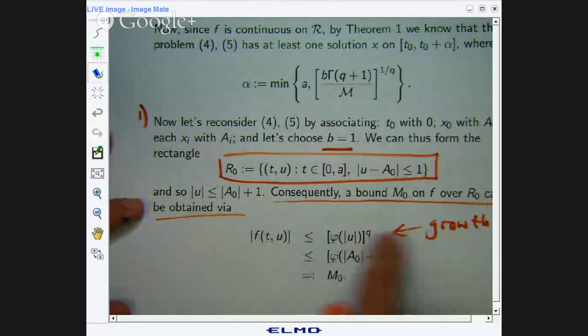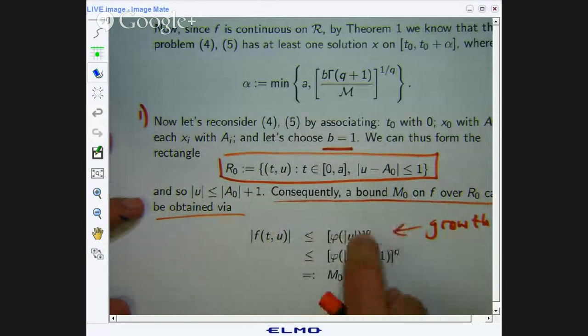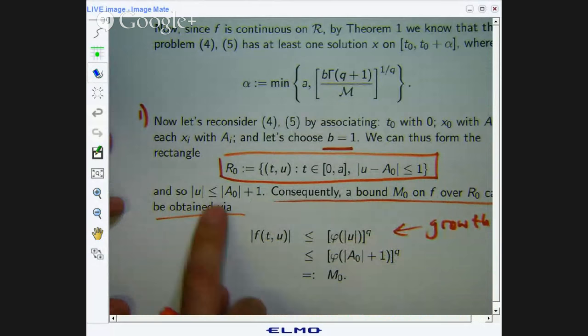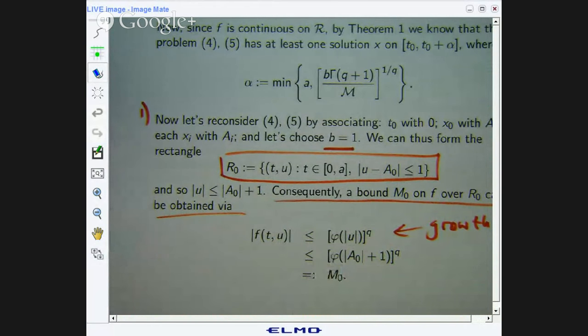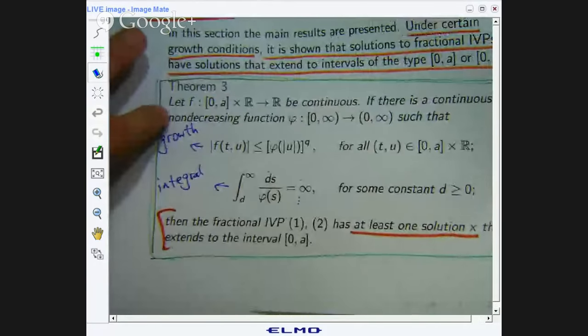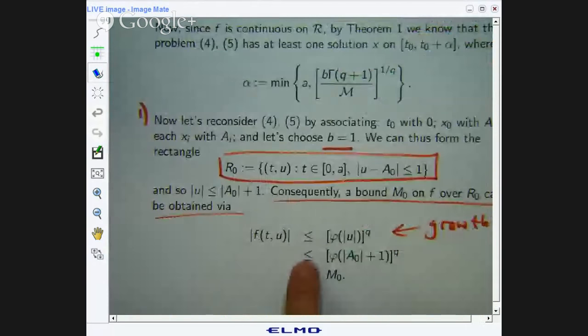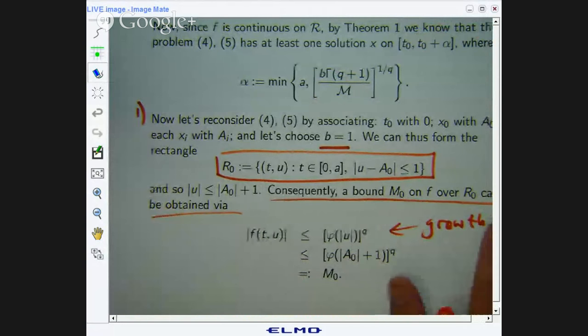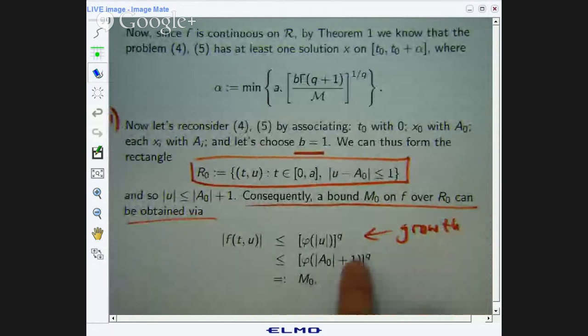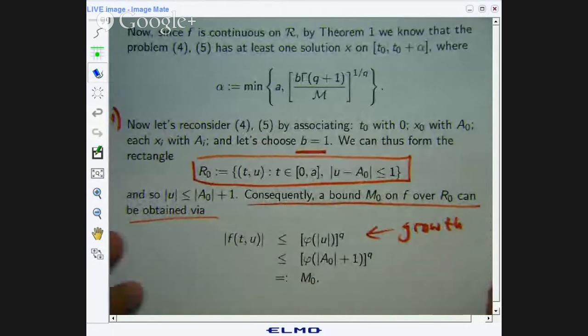And then this is the growth condition, which goes from here to here because phi is non-decreasing. That was another assumption. So that goes there, and I can have another inequality sign, and I'll define that to be my m0. All right, now what?